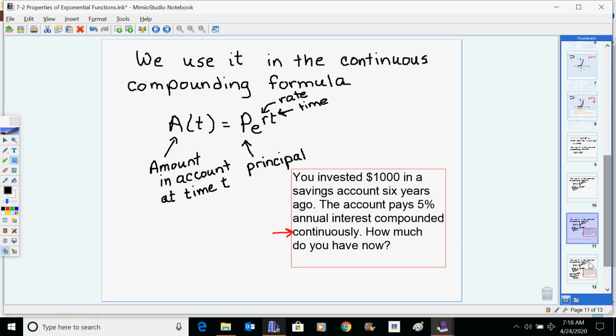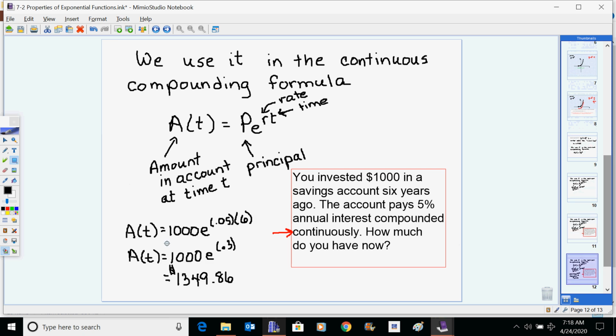And when we do that, I want to show you how to find that in the calculator. Principal times e, e not being a variable, e being approximately 2.72, but there is a button on the calculator to handle that.